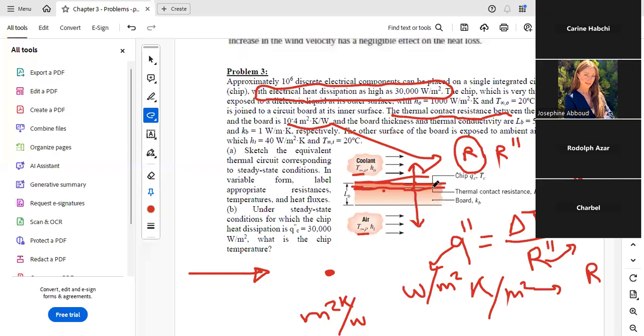So they neglected the thickness of the chip. They said that the thickness of the chip can be negligible, okay? That's why they didn't give you, if you want, thickness and conductivity of the chip, because we are assuming that it's a very thin layer. So we can consider that at chip level, we have just Tc, okay?